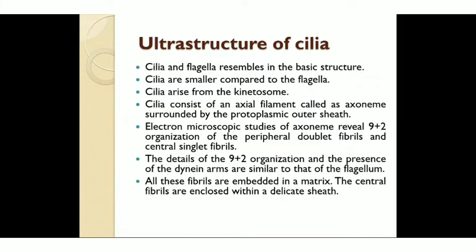singlet fibrils, two single fibrils, are present in the center, and that is why it is called the 9+2 arrangement. The details of the 9+2 organization and the presence of the dynein arms are similar to those of the flagellum. So these arms are made up of dynein, and the microtubules are made up of the protein tubulin.